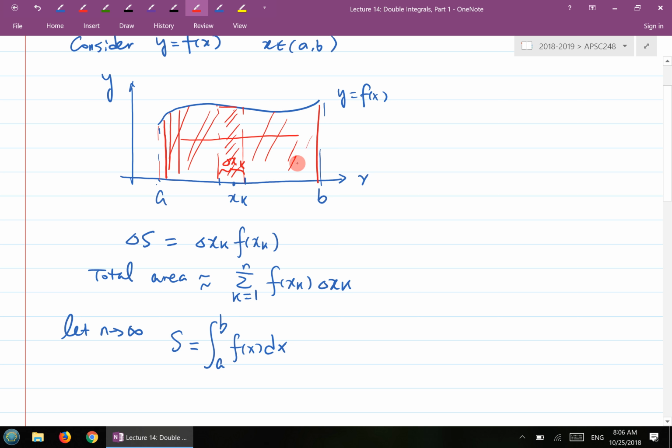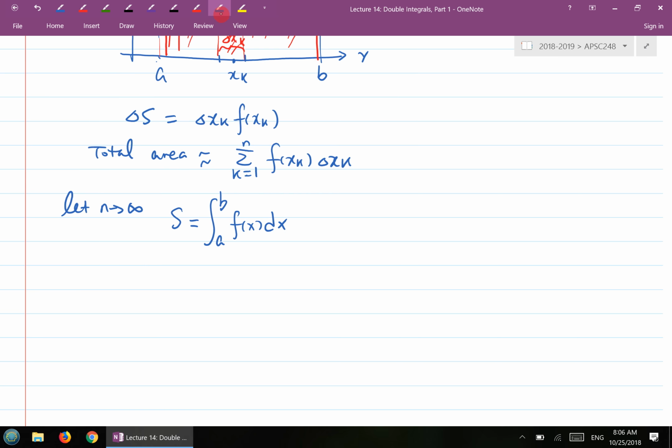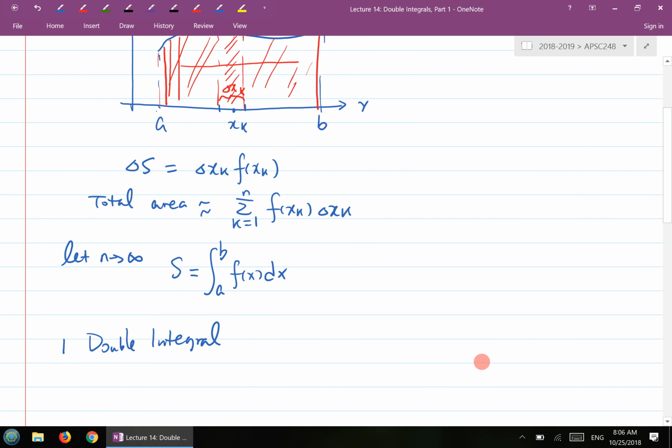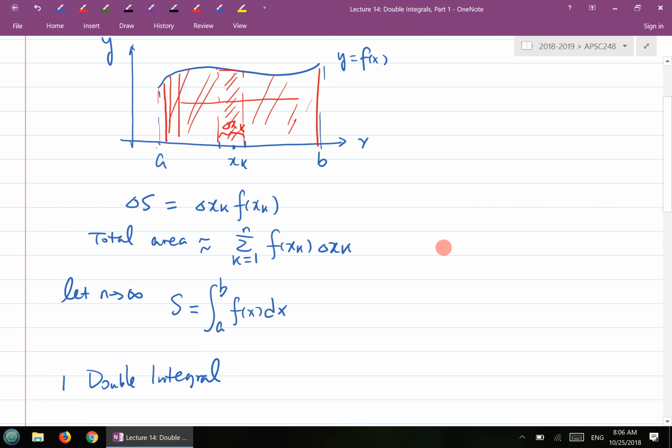So I'm going to use a very similar idea to cover the double integral. Let's take a look at this again. We all understand that if you have a function here, the integral gives you the area underneath the curve.